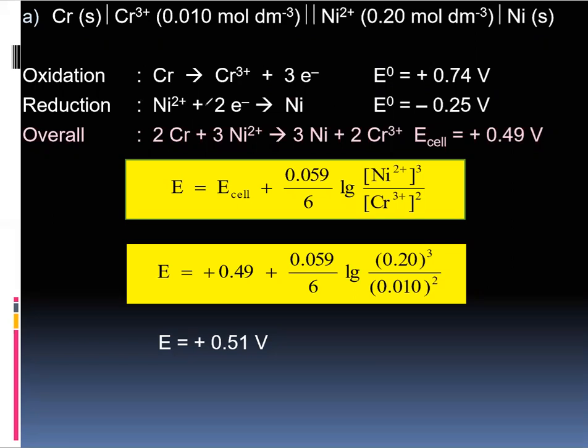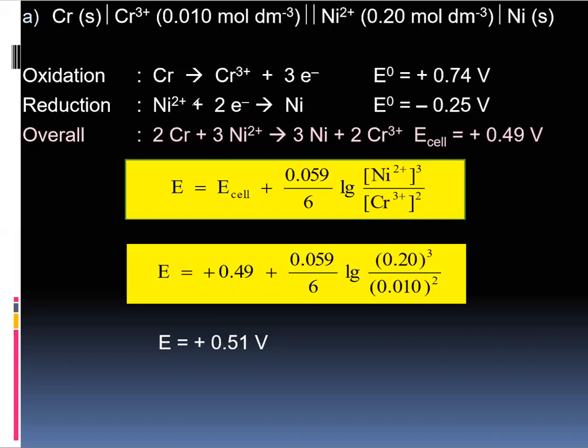By giving a reduction reaction, you will be given the values of your E naught in the question. Now you are the one to work on to get your total. How do we get your E cell? Your E cell is the E naught for each half cell. If I sum them together, I'm going to get plus 0.49 volts. So that's how to sum them together.